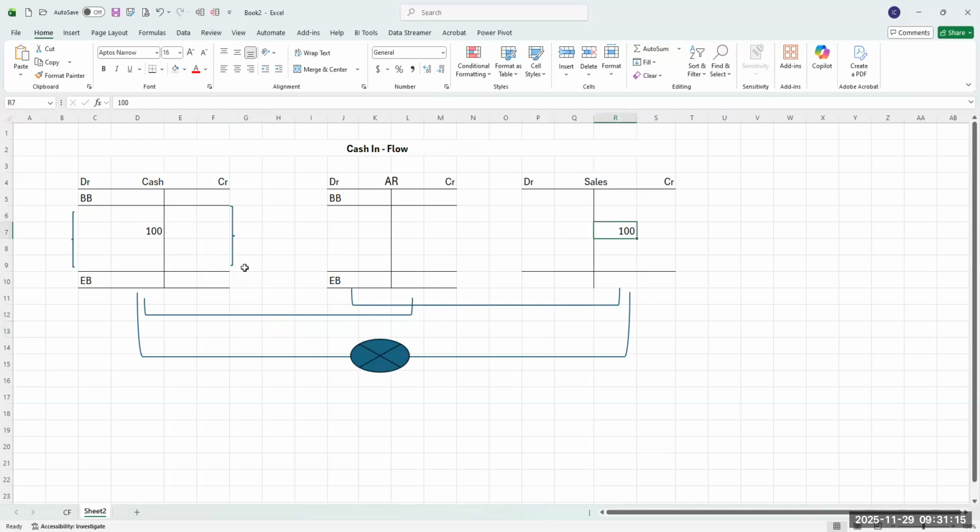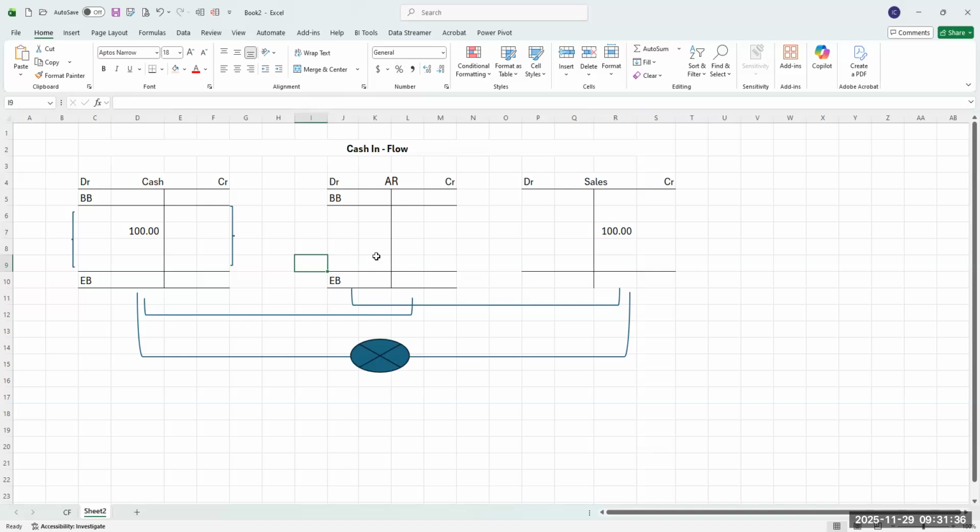So let's play a little bit so I can understand it. If I don't have accounts receivable, my sales are converted directly to cash, correct? Can you guys see it? Yes.